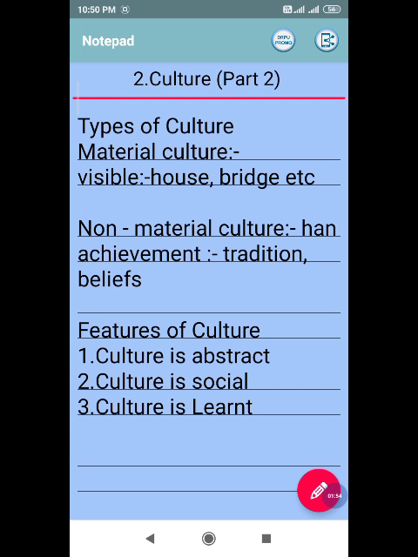Students, Ogburn is the name of a sociologist. He divided culture into two groups. One is material culture, another one is non-material culture. Both are human made. Both material and non-material culture are made by humans.